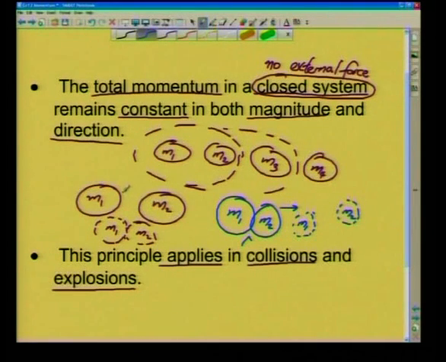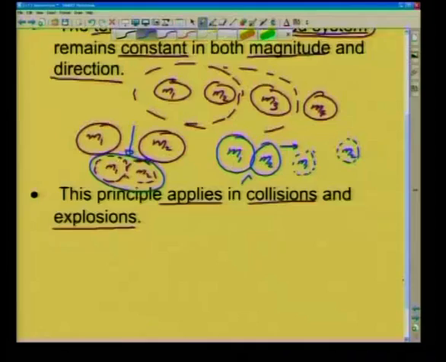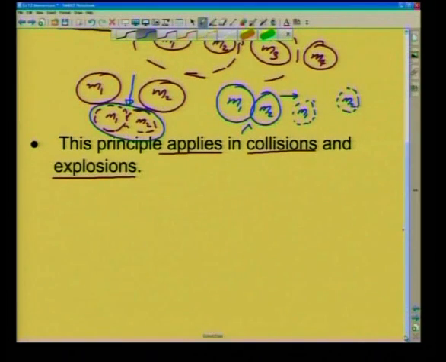From this situation to the situation down here, that principle will apply. The principle of conservation of momentum. Okay, so these are the 2 situations or 2 scenarios where we can apply the principle of conservation of momentum.